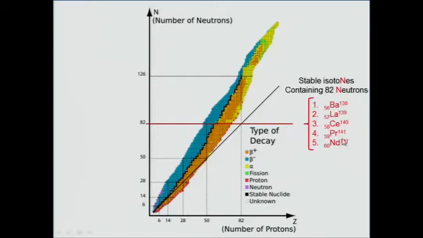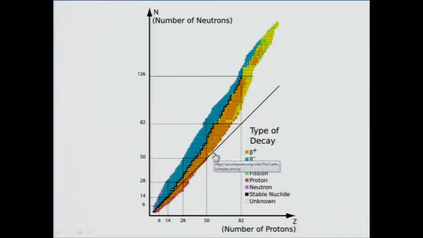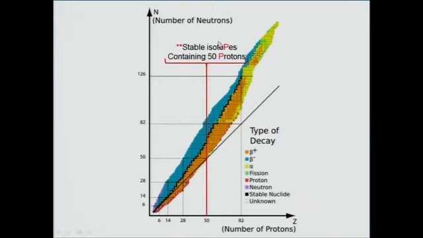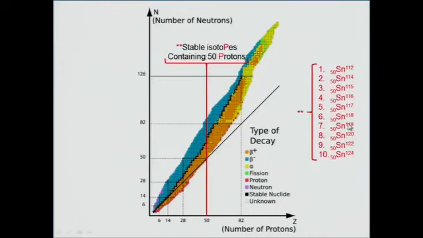Here are those 5 things, all of which have 82 neutrons and are stable. Also, if you look right here, notice how many dark black lines there are right at this 50 level. Those are all the stable isotopes containing 50 protons. It turns out that's 10. Tin has 10 stable isotopes, by far the most here.